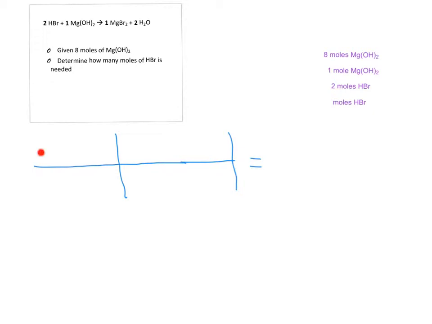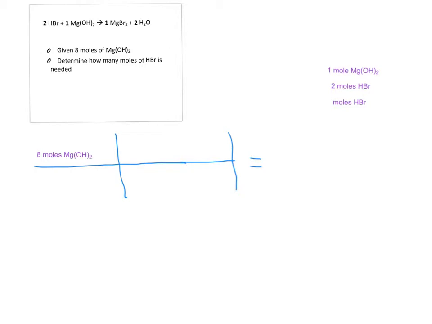In the first blank, we're always going to put what is given. So we are given 8 moles of Mg(OH)2, and we're going to move 8 moles of Mg(OH)2 over here. In the next 2 blanks, we're going to put down the relationship between what is given and what we are searching for.